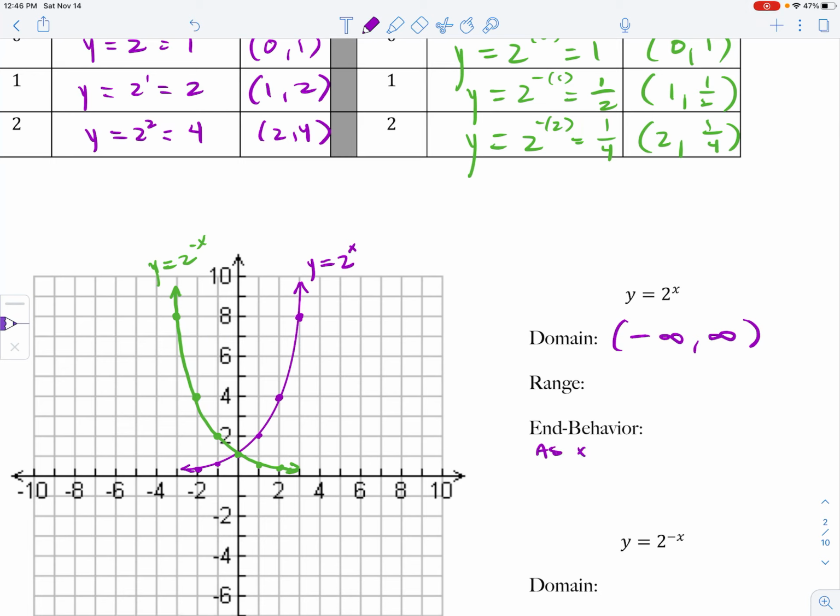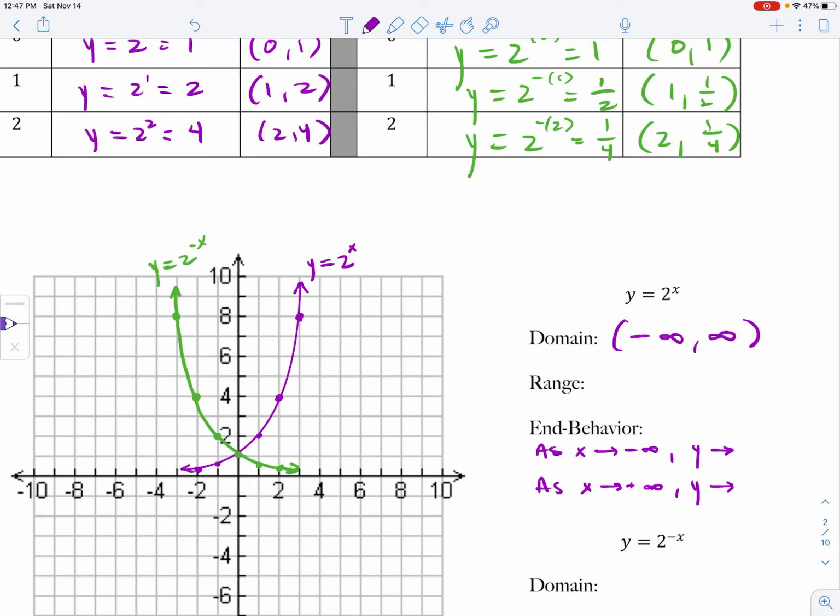Why don't we actually determine end behavior before we determine the range? So let's think about as x approaches negative infinity, what does y approach? And as x approaches positive infinity, what does y approach?